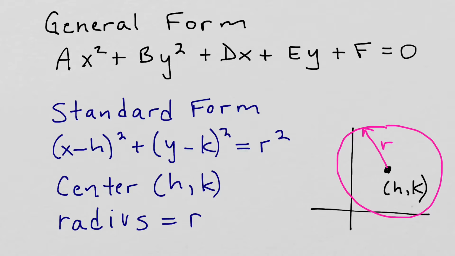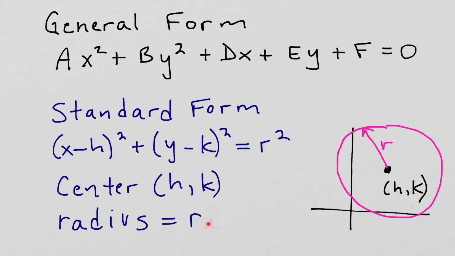And then the other feature is that from the standard form of the equation, we can easily figure out what the radius of the circle is, because the number on the right-hand side of the equals is the radius squared. So we could simply take the square root of the number on the right-hand side to determine the radius of our circle.